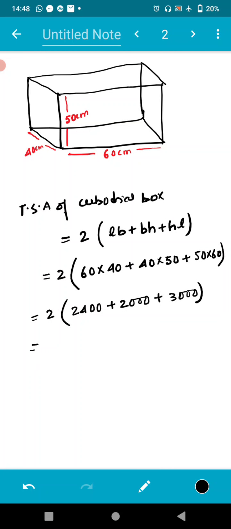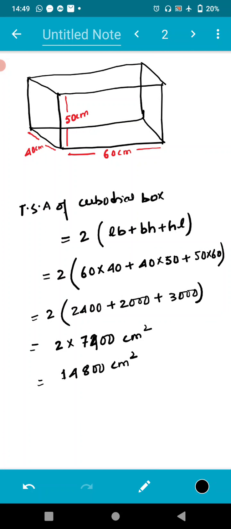Now if you add all the values, you will get 7400, okay, centimeter square. Now multiply it by 2, you will get the answer as 14800 centimeter square. So this is the TSA of cuboidal box.